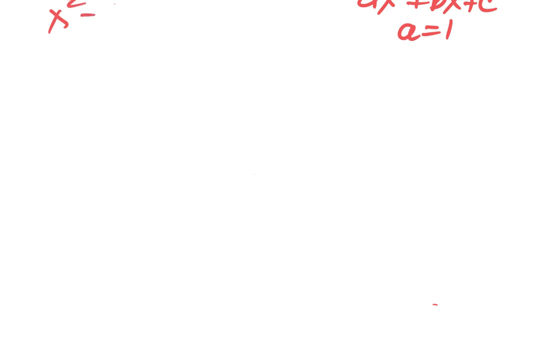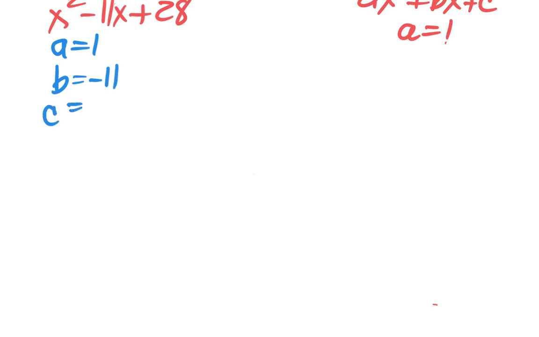X squared minus 11x. This time it's plus 28. All right, we know the leading coefficient of a is 1. So when I'm labeling my values, a equals 1. B, the number in front of x, is negative 11. Again, C, the number by itself, is 28.